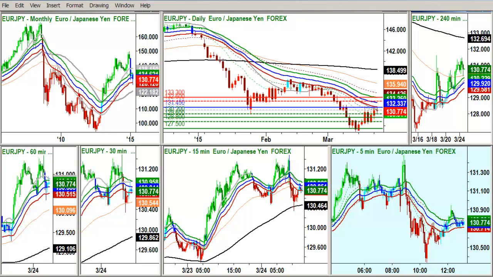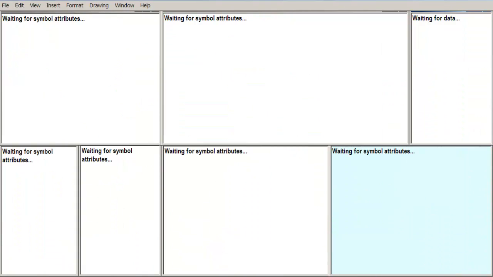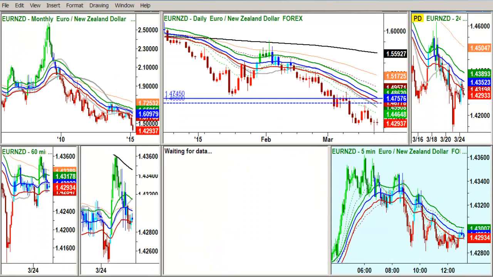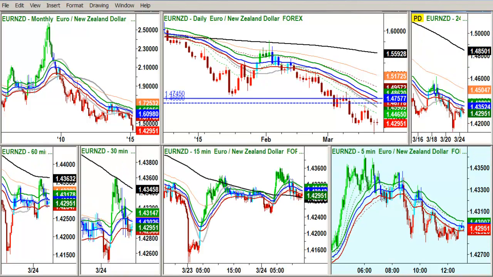Just to give you a little bonus, one of the other plays I'm keeping an eye on for a euro short is against the strongest of the commodity dollars, and that would be the euro versus the New Zealand dollar. I like the New Zealand dollar strength; it's the strongest of the three. If I look at all three central banks, the BOC, the RBA, and the RBNZ, I would consider them dovish in that order: BOC, RBA, RBNZ.